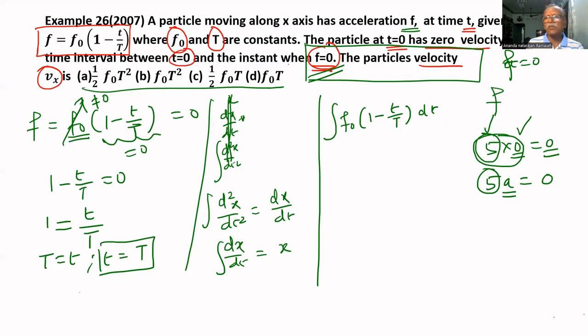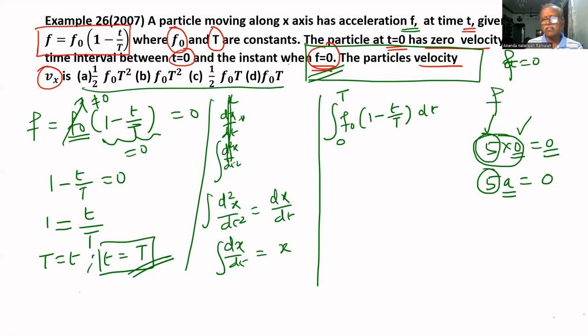At t equal to 0 the velocity is 0, so we can put a limit for this integration: the time interval between 0 and the instant when f equals 0. When will f equal 0? When t equals capital T. That's why we integrate from 0 to T. In this interval we have to find the velocity.